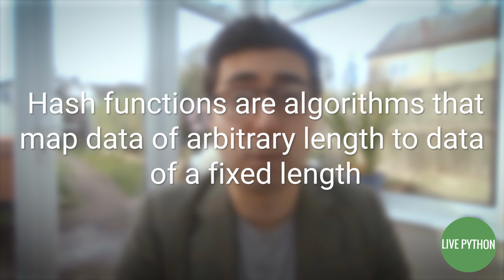So we can define a hash function as any algorithm that maps data of arbitrary length to data of a fixed length, i.e., whatever sort of data you put in, you always get a value back within a certain range. So now that we're clear on hash functions, what about hash tables?